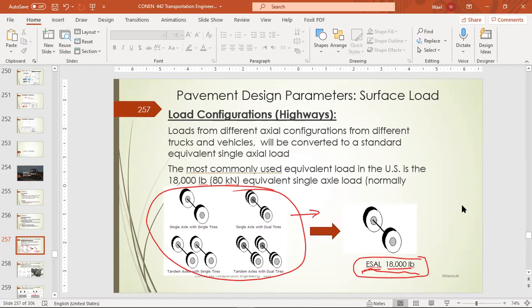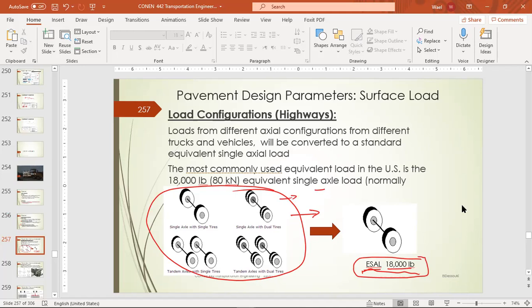Some of you might be wondering, how can we do this? It's very simple. Basically, there are estimates in the DMVs, in the traffic departments, guys. You can get statistics on the types of trucks that we have licensed.